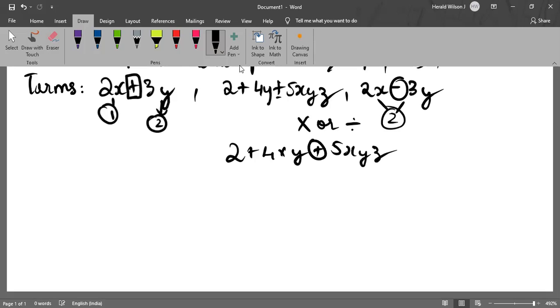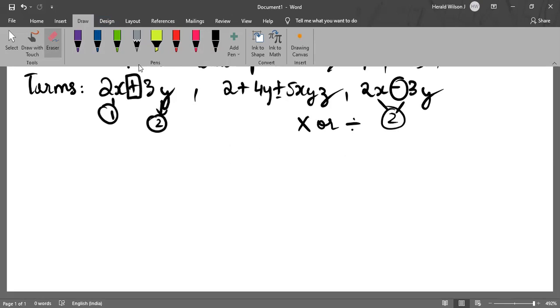Only plus and minus sign makes the difference, and therefore we can identify terms by just looking at the plus and the minus sign. Clear? So these are the terms examples. So I hope terms are also clear.